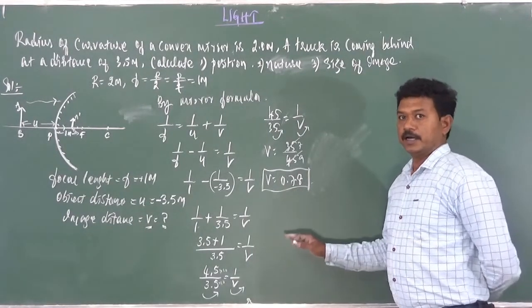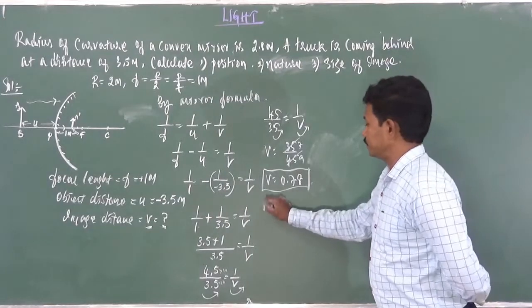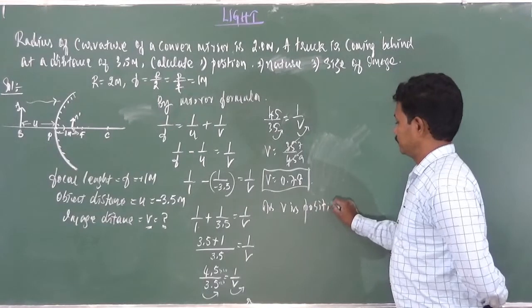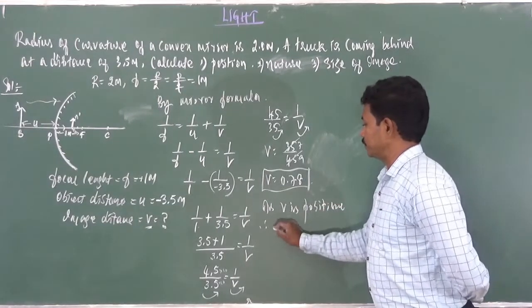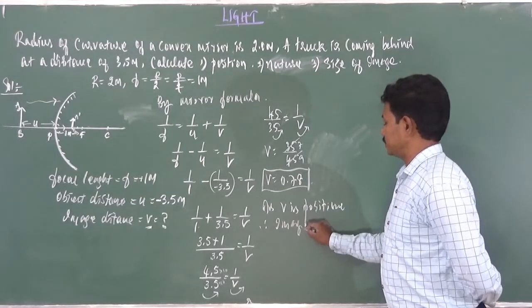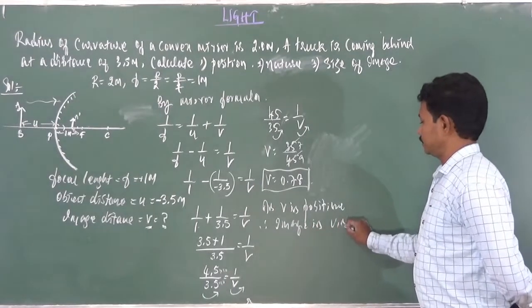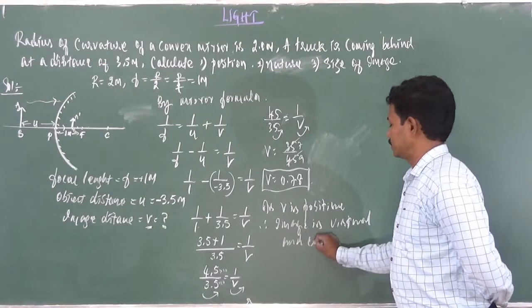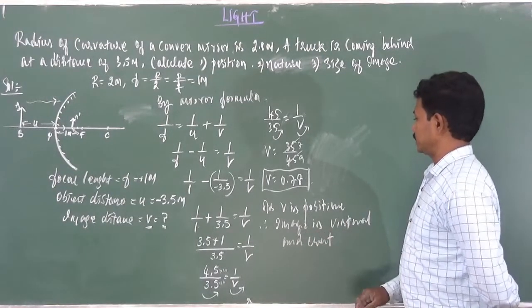Therefore, as the V value is positive, the image is virtual and erect. Virtual and erect.